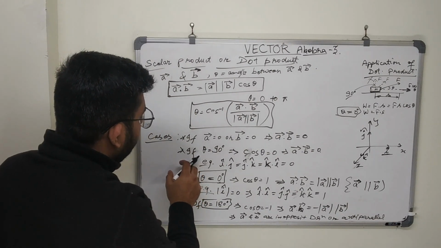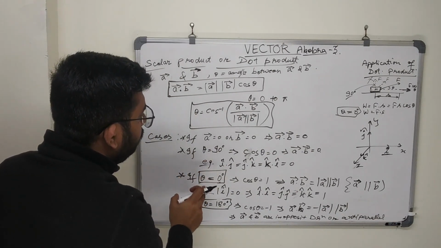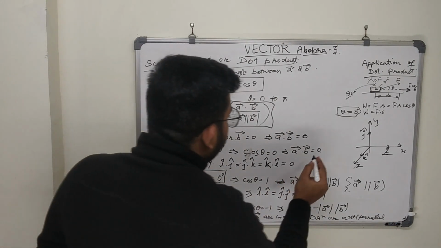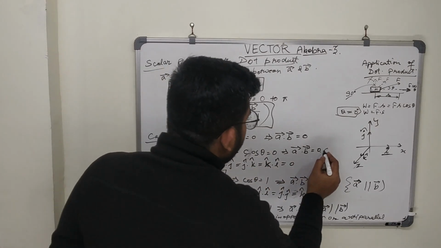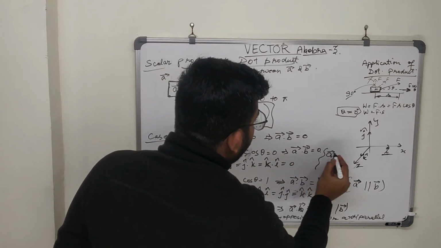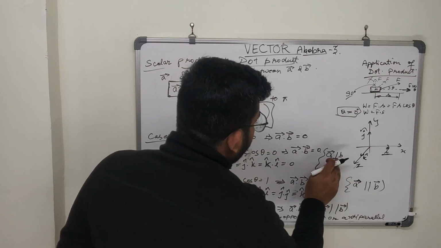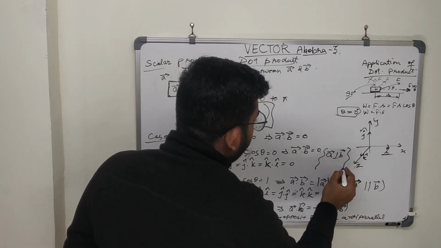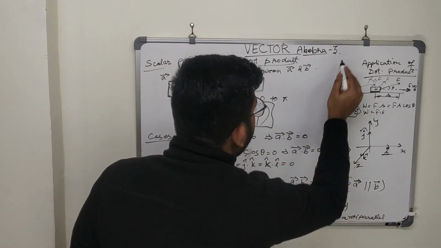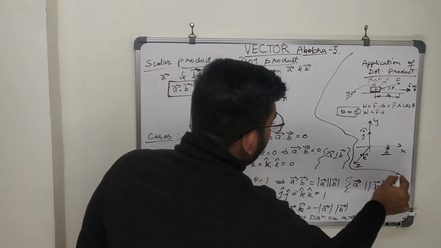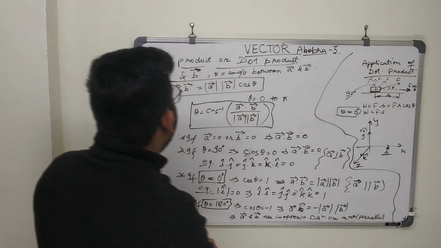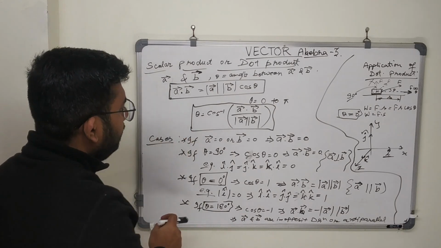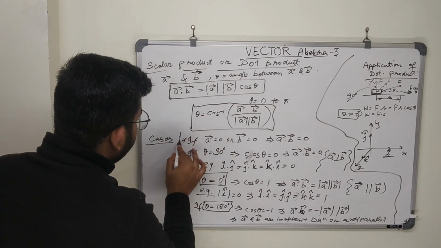And in the case above, that is if theta is equal to 90 degree, in this case A vector is perpendicular to B vector. So these are all the cases possible for A vector and B vector. So please note it down.